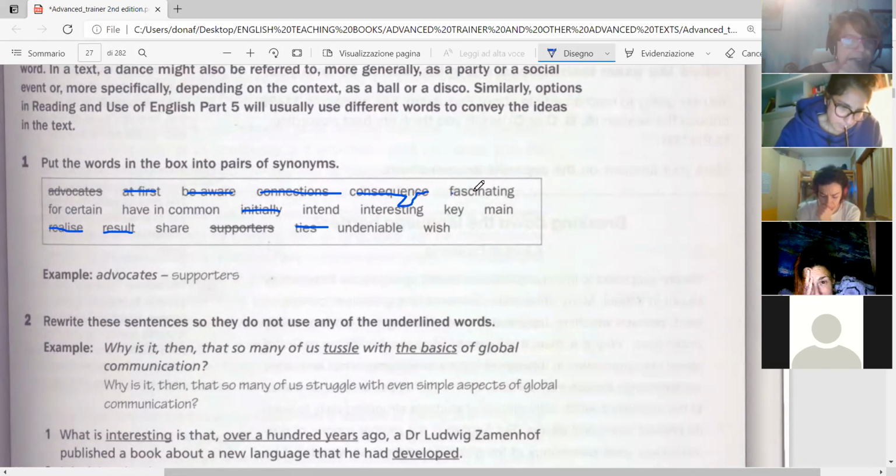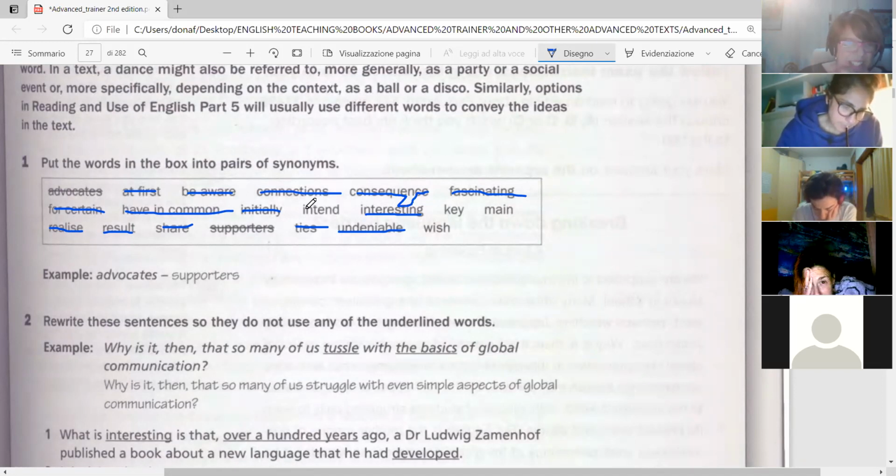Oh yeah, fascinating, interesting. Then you get for certain, with undeniable. Oh yeah, undeniable and for certain. Having in common, share. Having in common and share, sure.